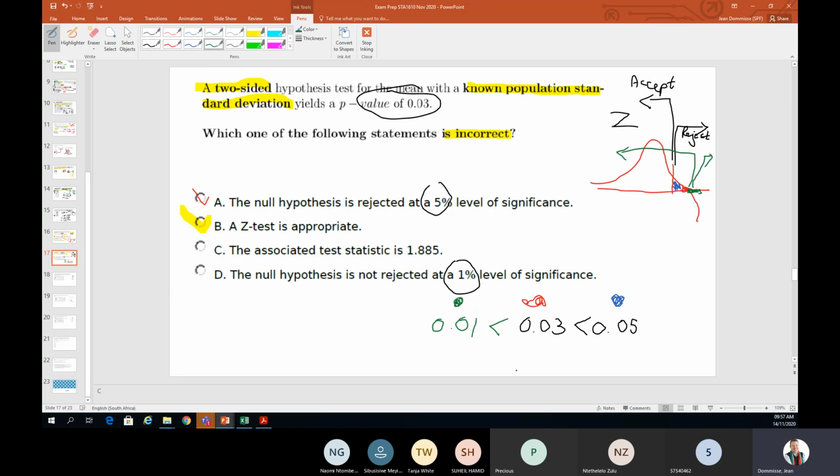So at the 0,03, the red part is bigger than the green part, so we do not reject because we accept, so that is also correct. So now that was the only one that is wrong, but let's see what that should be. So what would you have said that answer should be?